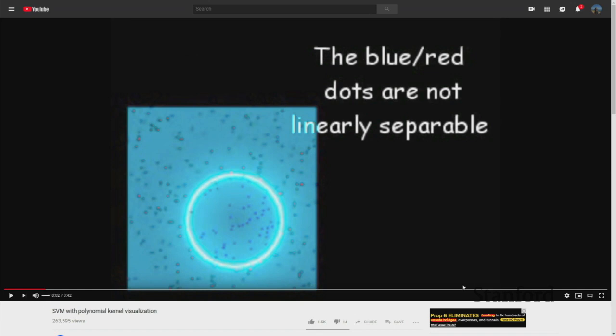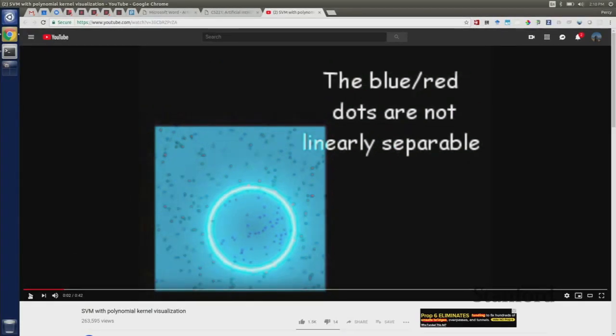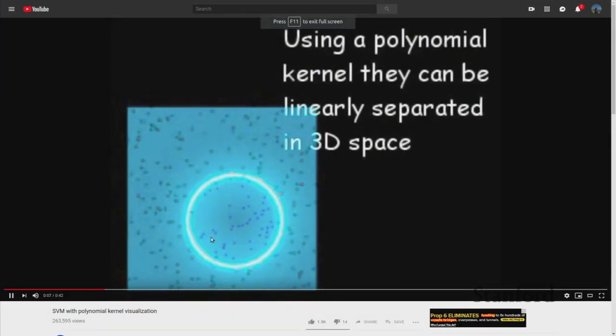This was done in the context of SVMs, but the same idea applies here. Here we have points in 2 dimensions, basically in a flat grid.